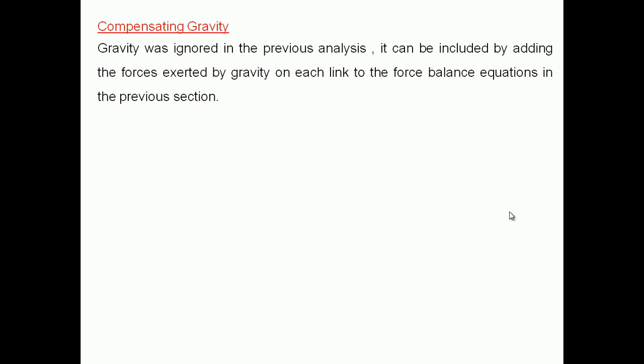So the next very important thing: in the previous analysis we did not consider gravity. So now we are going to consider gravity and then solve the equations. Gravity can be included by adding the forces exerted by gravity on each link to the force balance equation in the previous section.